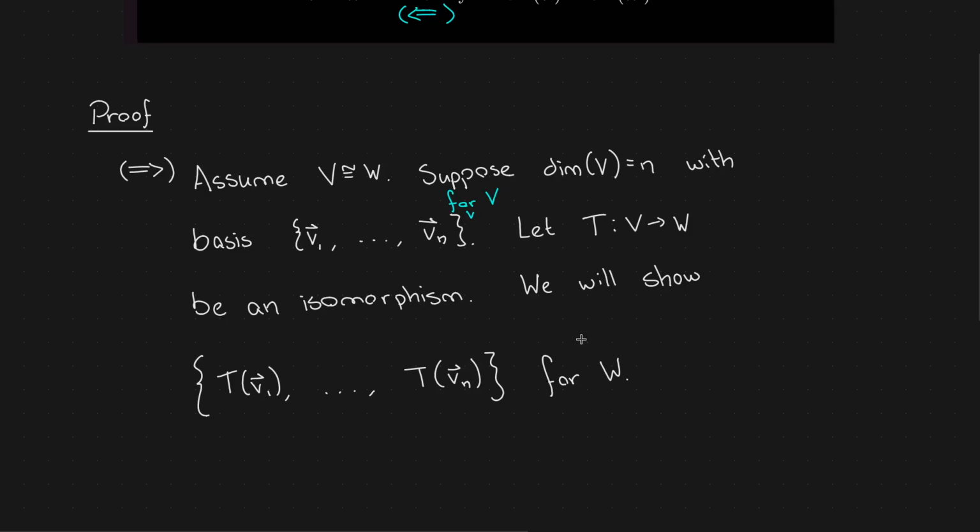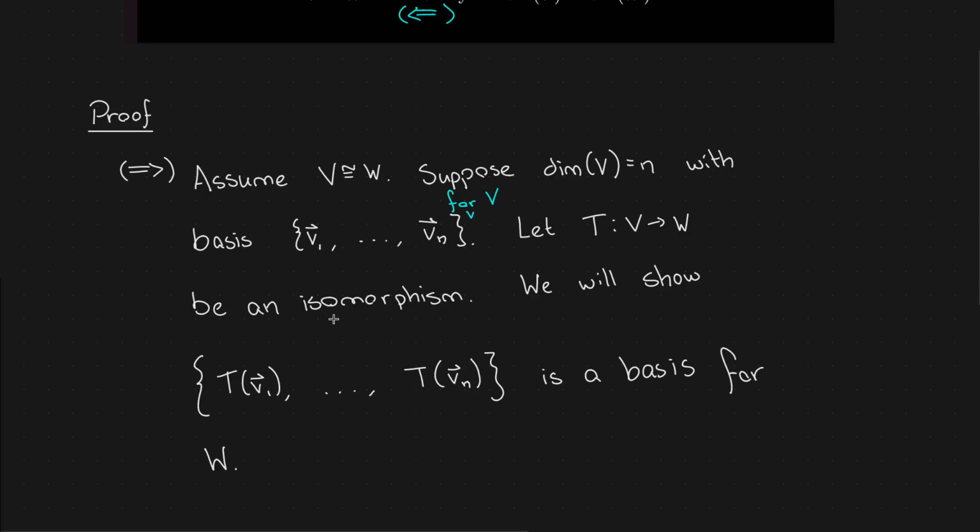So what two things does a basis have? We will show that this set of vectors is a basis for vector space W. So we want to show this is a basis. A basis spans the vector space, and the vectors are linearly independent, right? We need to show those two things.